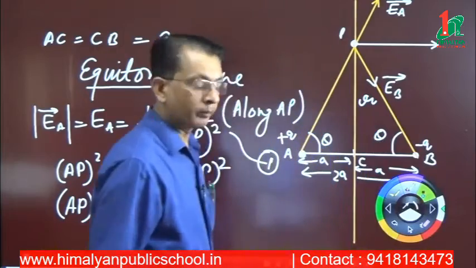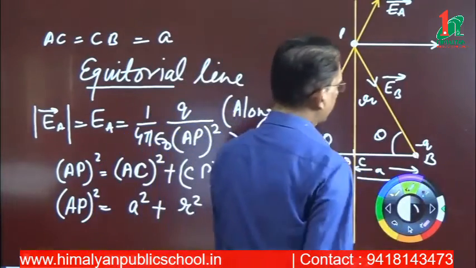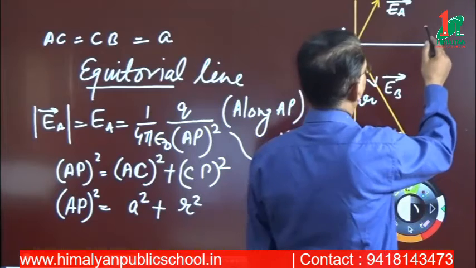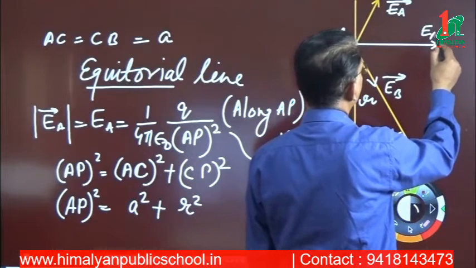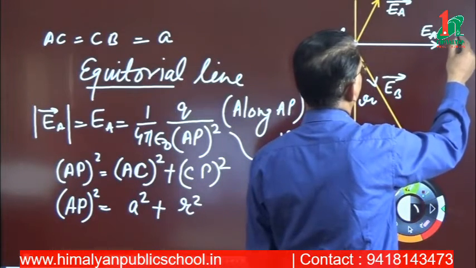This is the horizontal component of EA, and you know the horizontal component is written as EA sin theta.